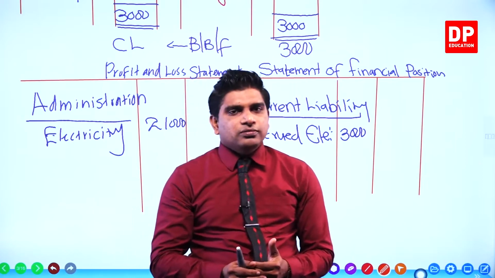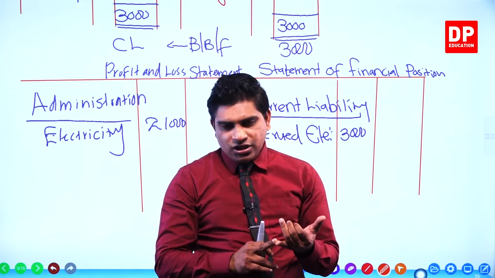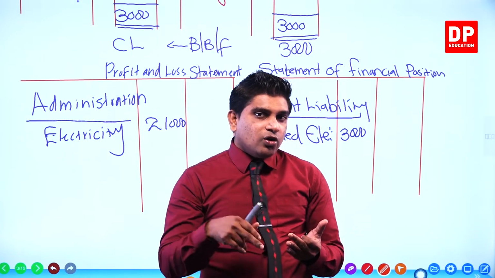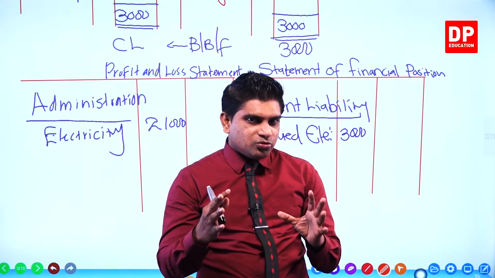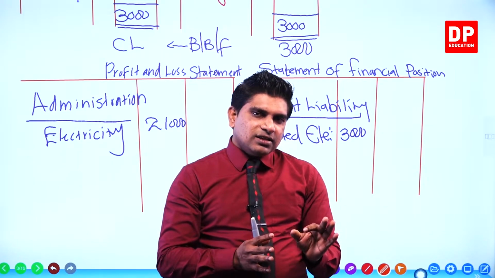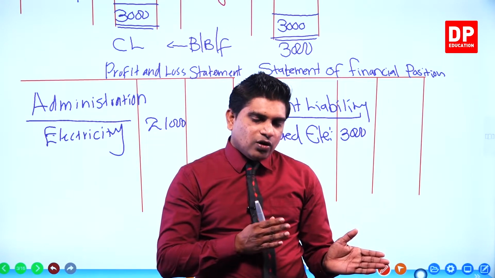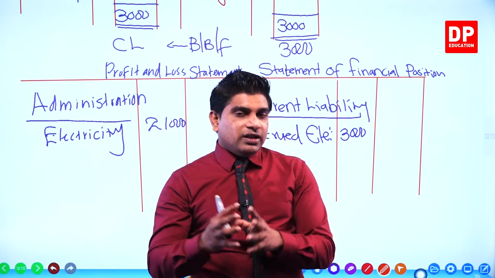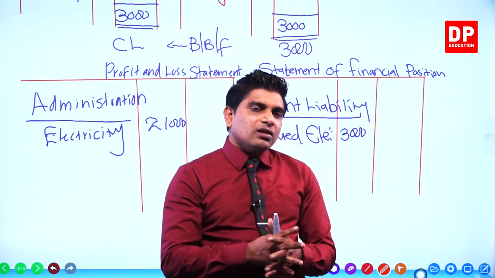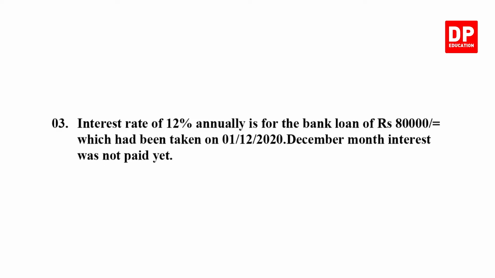Again I'll revise. When they give the adjustment, we have to enter them in the general journal. After the ledger accounts, if it's an income or expense account, finally after recording the adjustment, we transfer it to the profit and loss statement. Only the assets, capital and liability accounts are there. We balance them as balance carried down and balance brought forward, and we enter them under the current liability or current assets or in other areas in the statement of financial position.